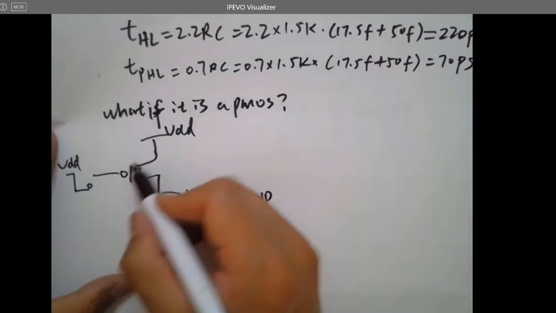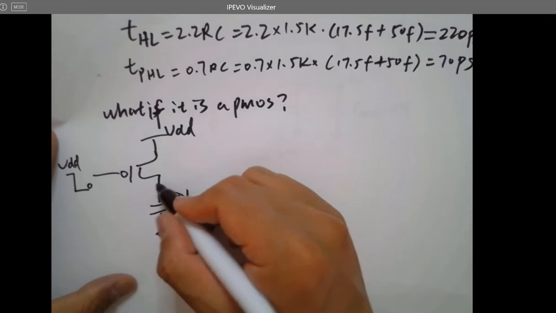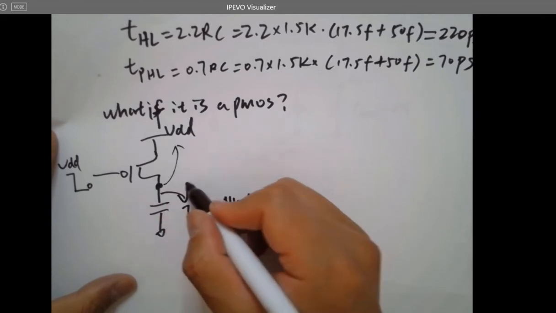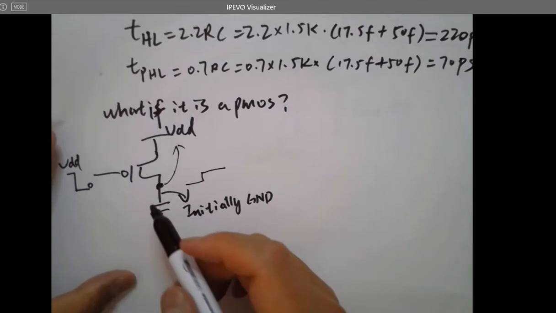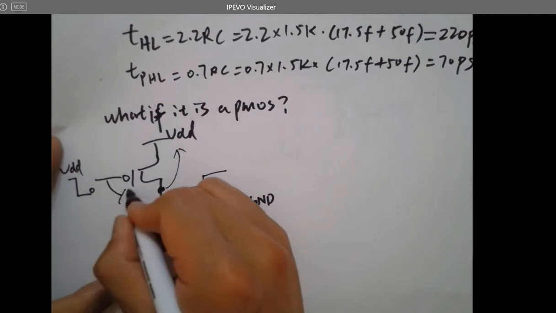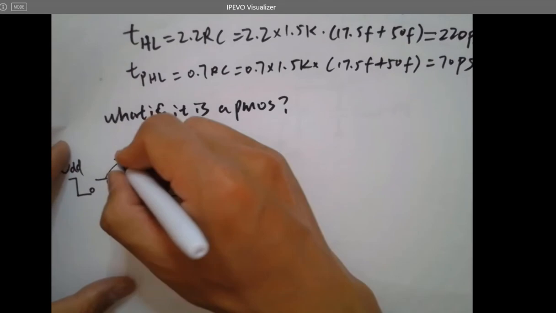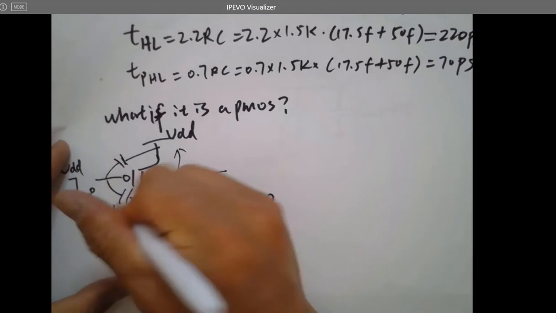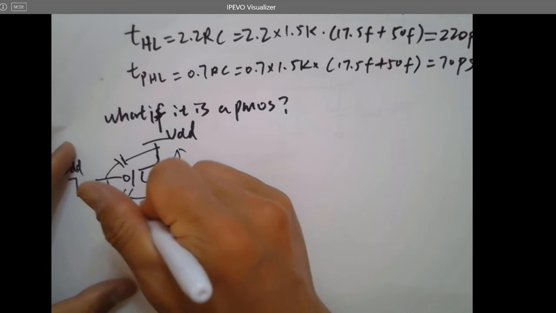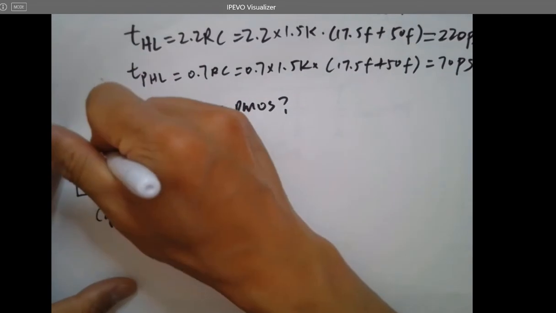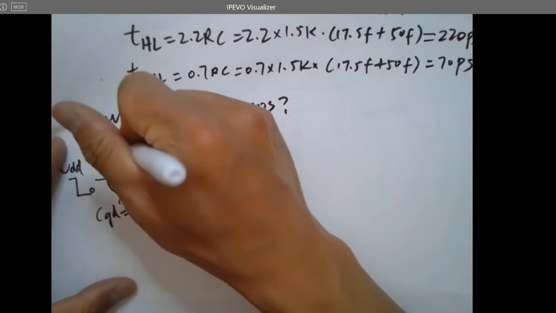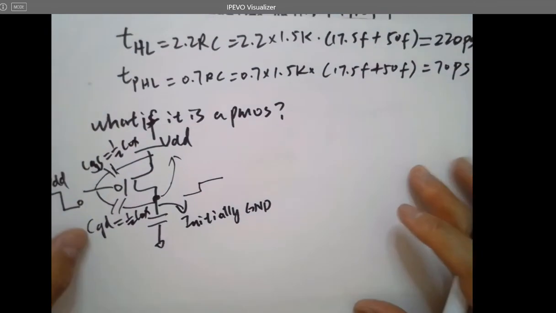So whenever I turn this on, this voltage will be pulled up to VDD. It's exactly the same effect as the one we just covered for NMOS. You have two parasitic capacitors here as well. This is CGD, which is this for now, but whenever you are switching it, it becomes Cox instead of half Cox.